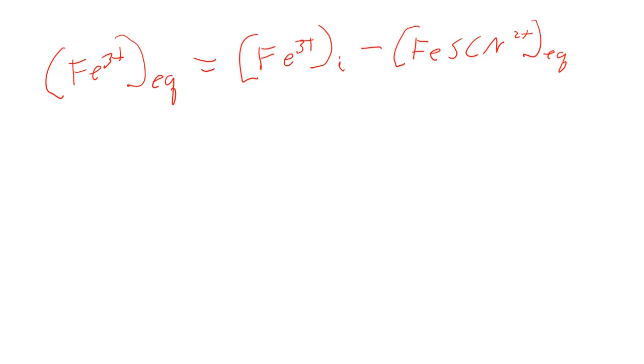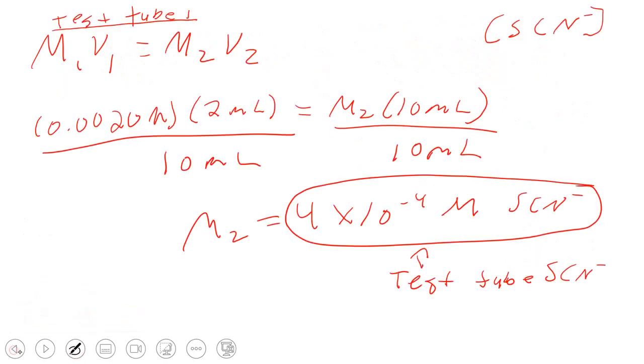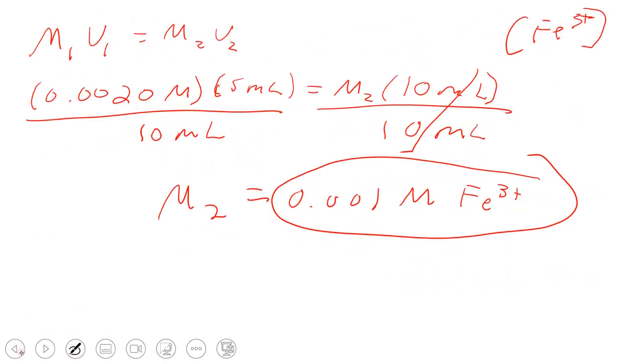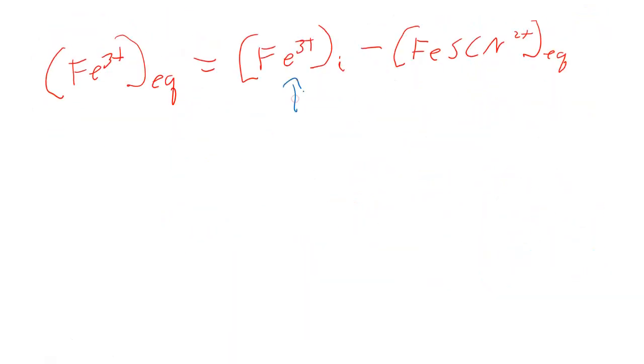You know what your Fe3+ concentration was because we calculated that a couple of steps ago. We said our Fe3+ initial concentration is 0.001 molar, and then you're going to subtract the FeSCN2+ concentration that you came up with.